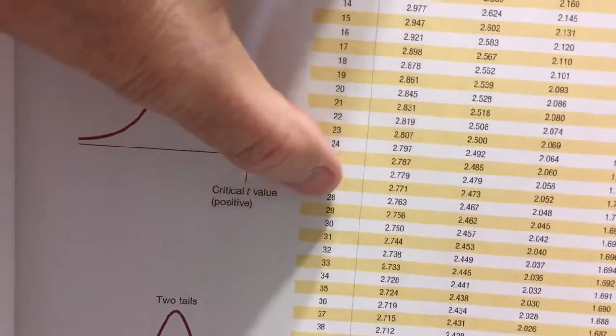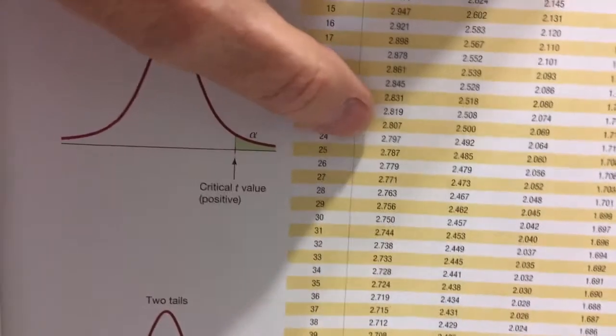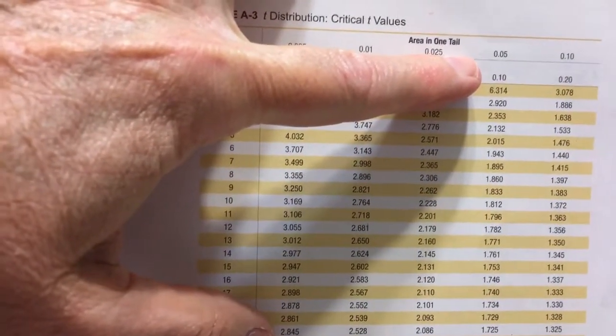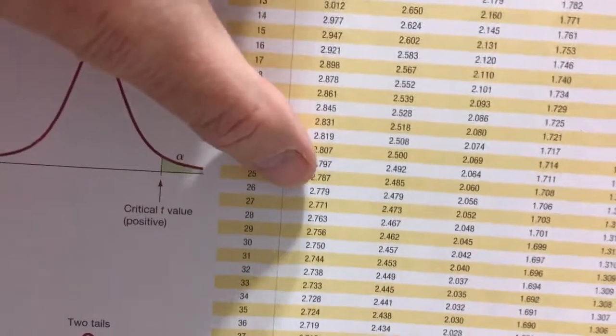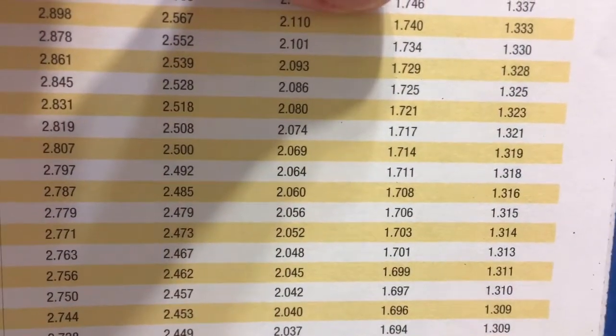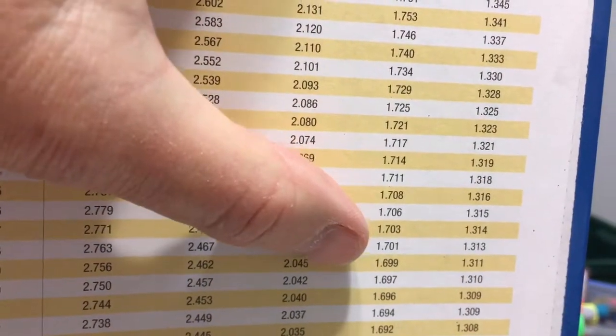We're looking at 28 degrees of freedom right there. And we're going all the way across to the area in one tail being 0.05. So we're going to the second to the last column and 28 all the way across. And look at that, we've got 1.701, and that's right there.